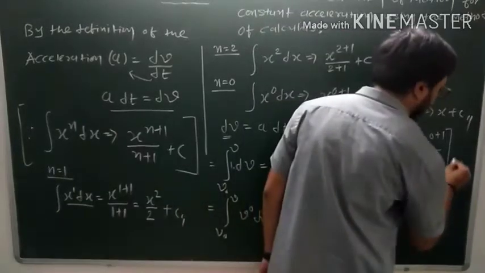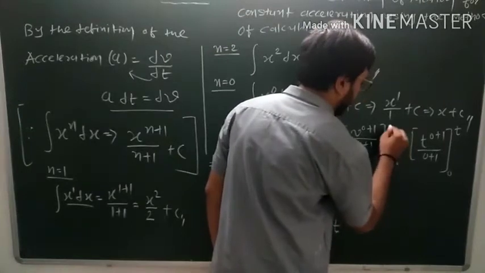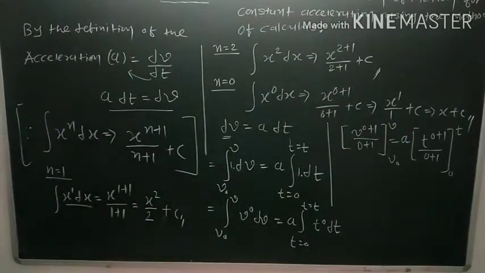The limits are 0 to t, and here v naught and v. Now we put the limits, that is, upper limit minus lower limit.